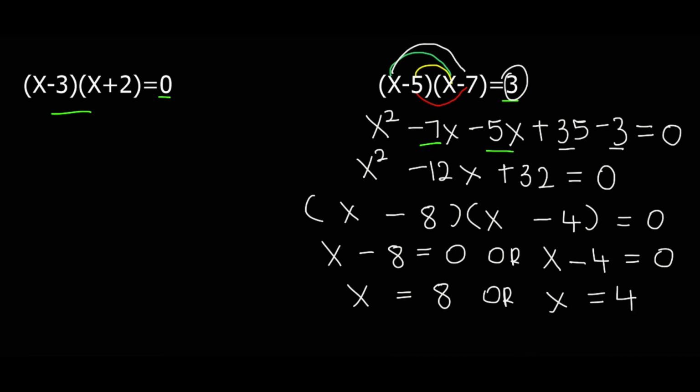And then this is our answers. So every time, when the brackets are such that the other side is not 0, break out your brackets. And then after breaking out your brackets, move that number to the other side, add like terms, and do the same thing as before.